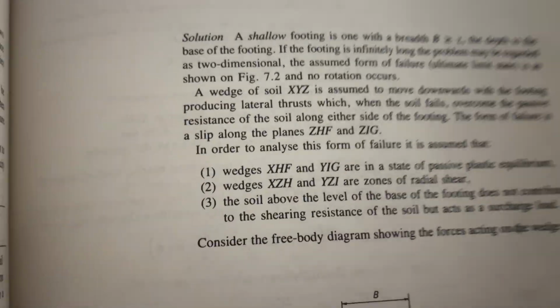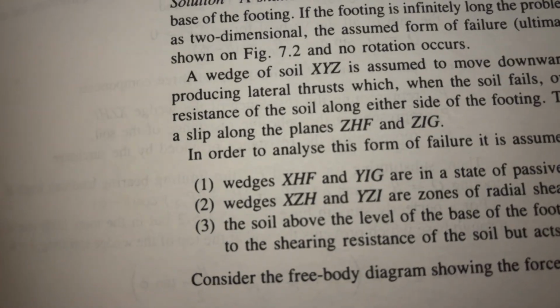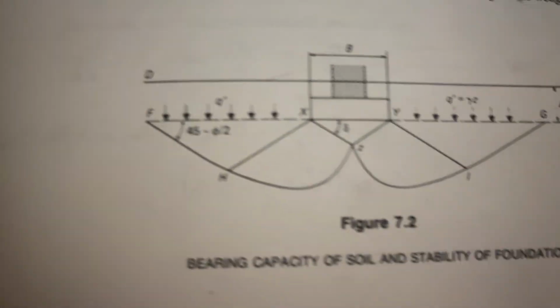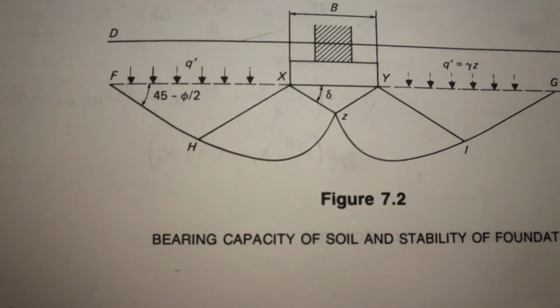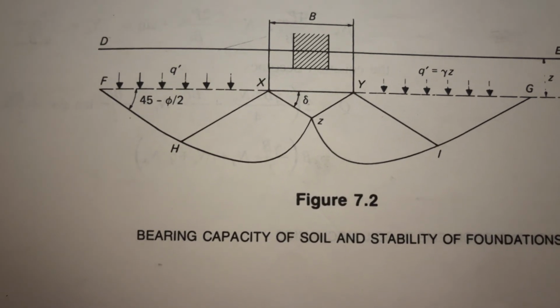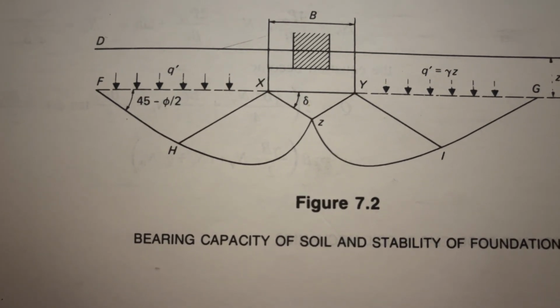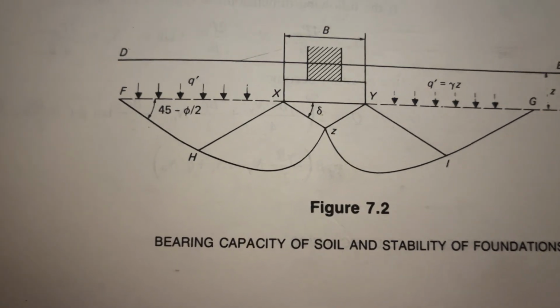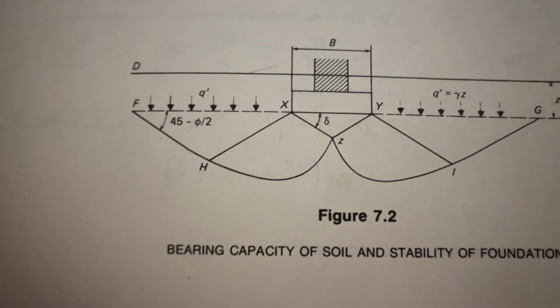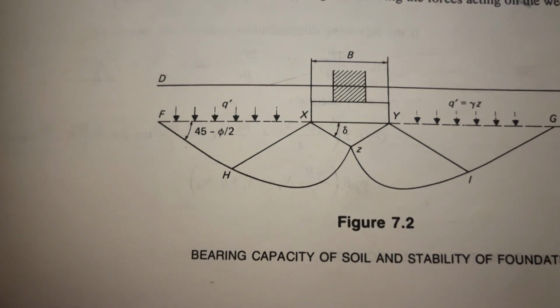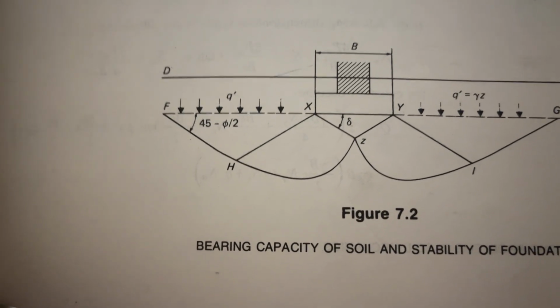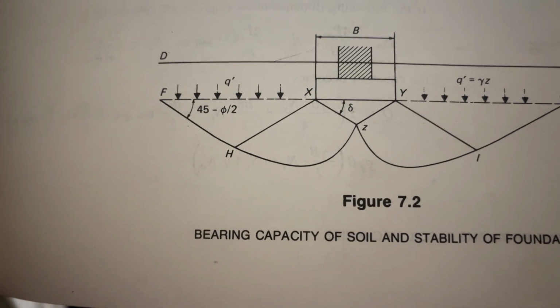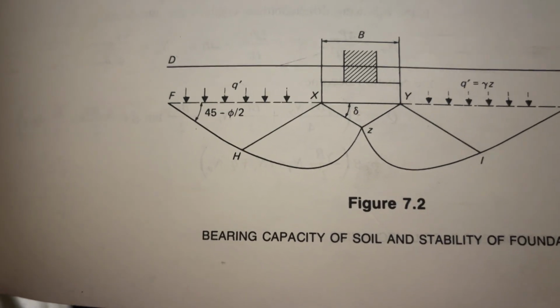Right, so it squishes and then it fails in two planes. So you've got a slip plane. Basically, I think the whole point of this is that the soil doesn't fail directly underneath, like in compression or in a block underneath the foundation.